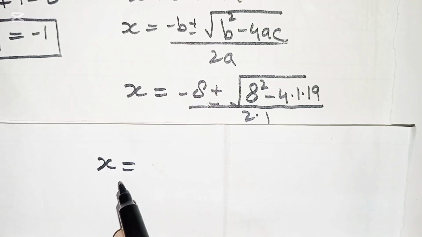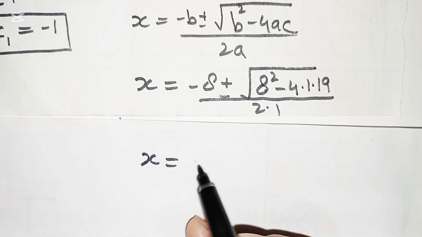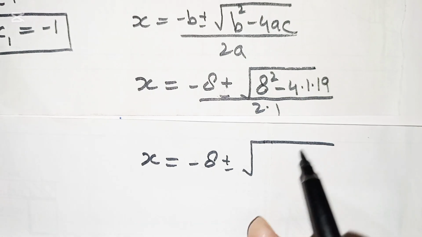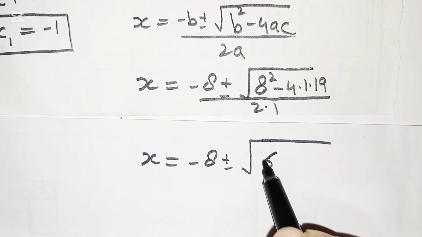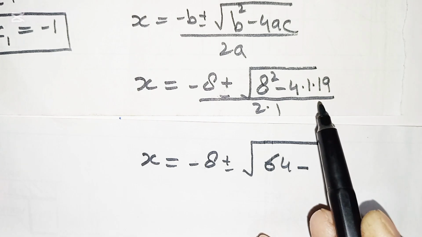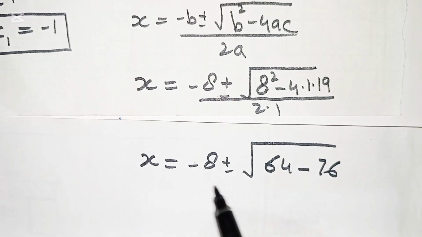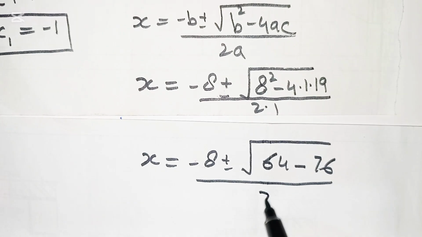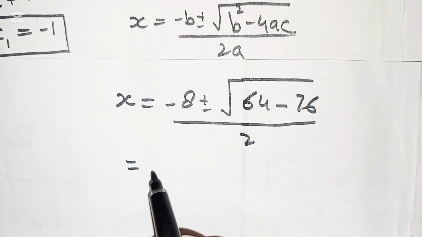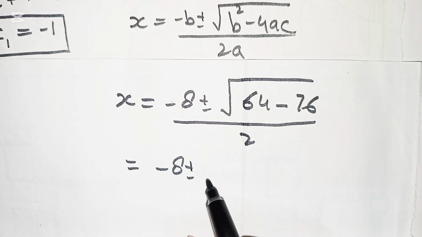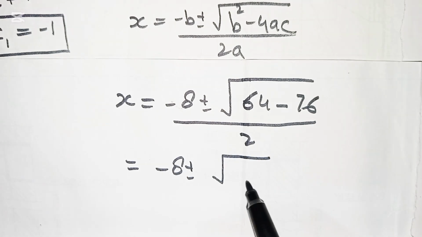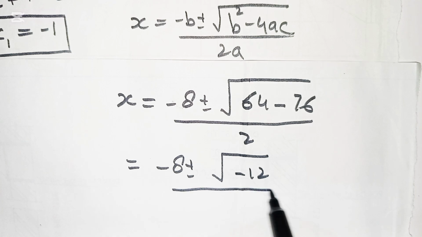x is equal to minus 8 plus minus square root of 8 squared, which is 64, minus 4 multiplied by 1 multiplied by 19, which is 76, over 2 times 1, which is 2. And now minus 8 plus minus square root of 76 minus 64, which is minus 12, then over 2.